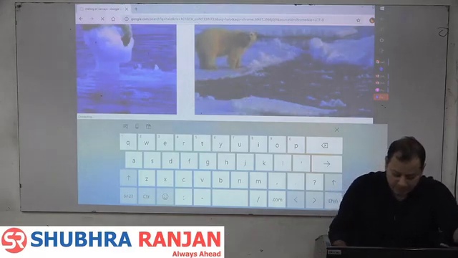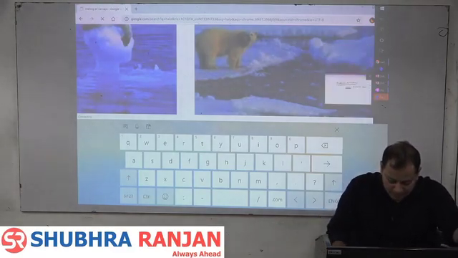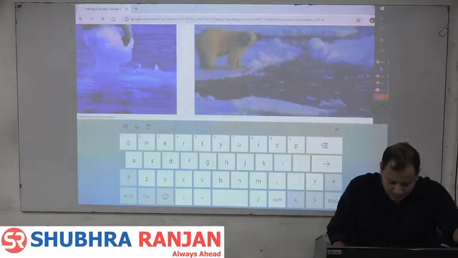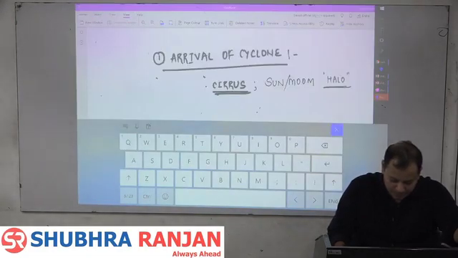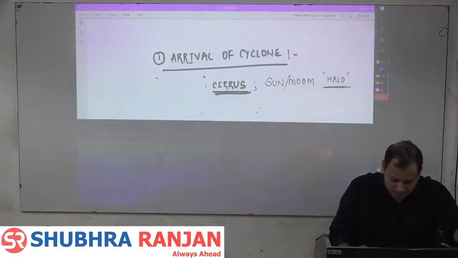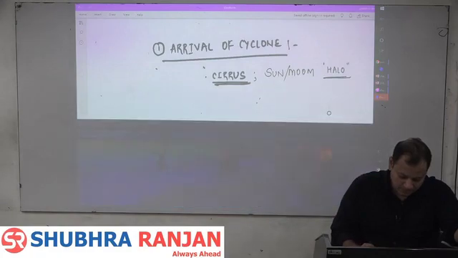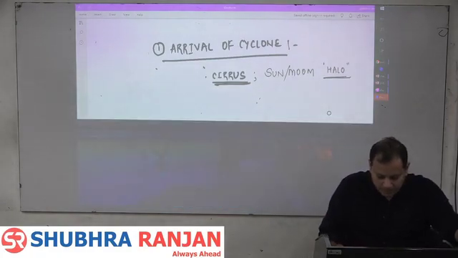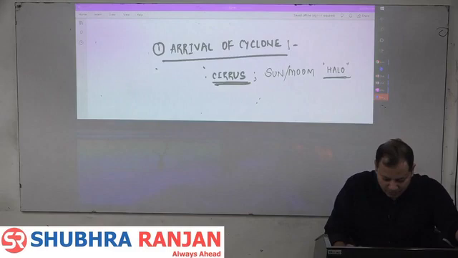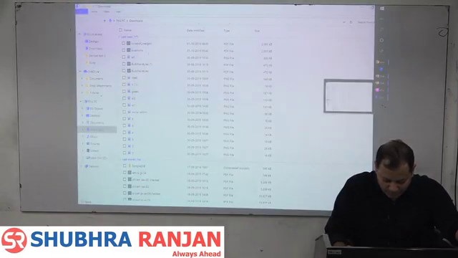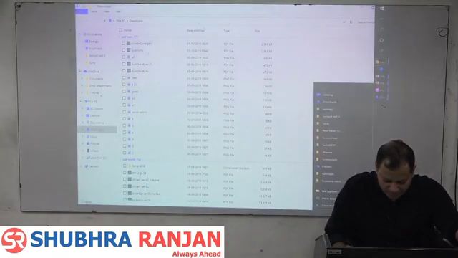Second point, warm front precipitation. Presence of cumulonimbus clouds.